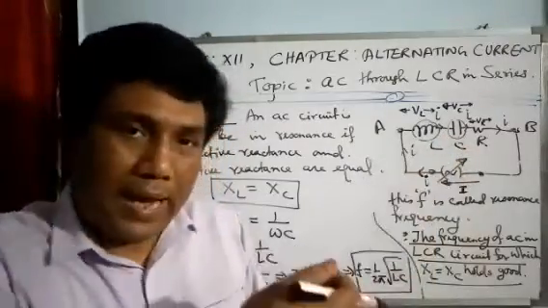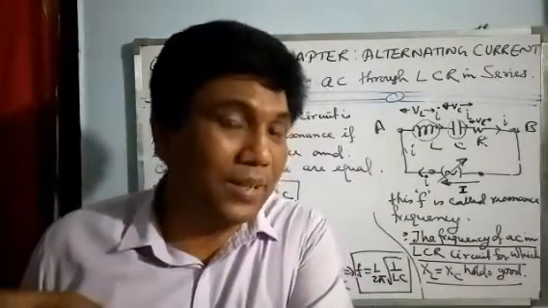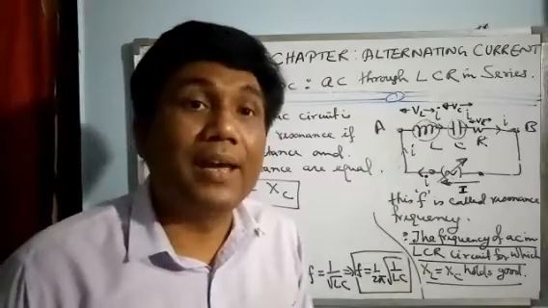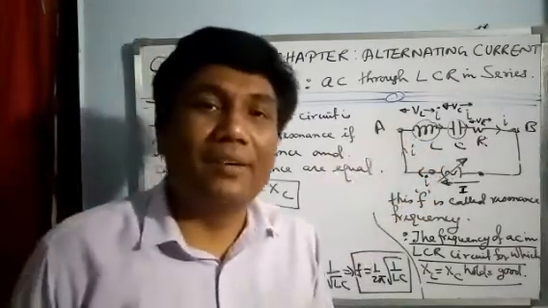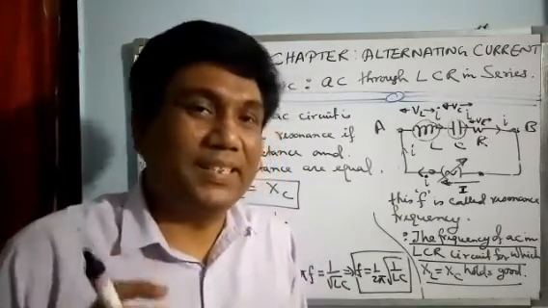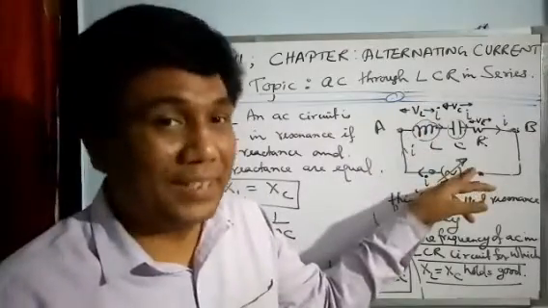Means capacitor will accept it, inductor tries to reject it. We have understood already in the previous chapter. Capacitor loves high frequency AC, or inductor loves low frequency AC. As the frequency increases, inductor offers more resistance, but capacitor offers less resistance.